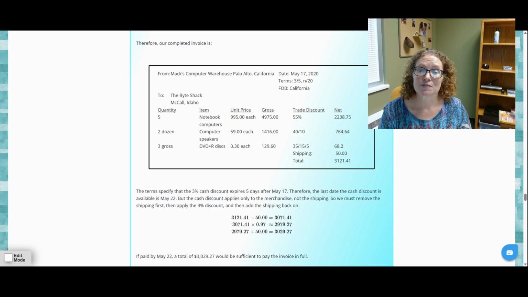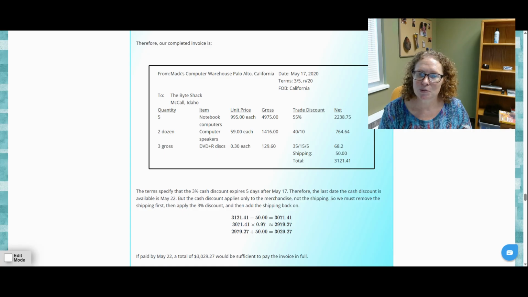So it expires 5 days after the date of the invoice, and the last date the cash discount is available is May 22nd. So as long as they pay by May 22nd, they can get a 3% discount on top of what they're already getting.